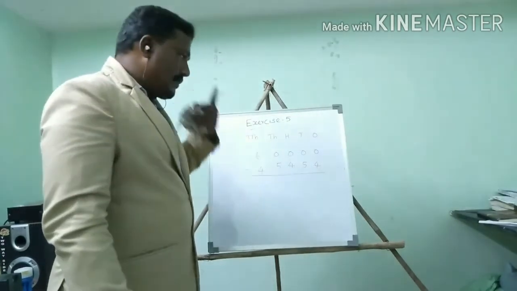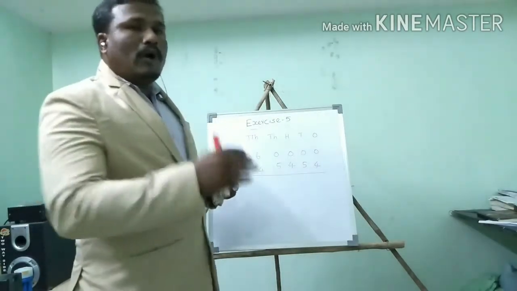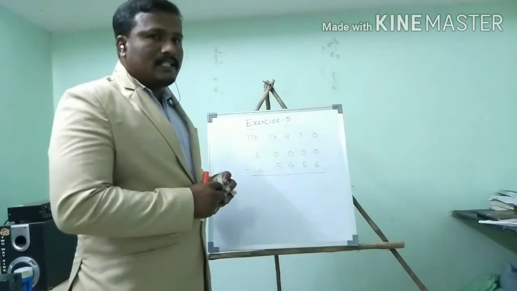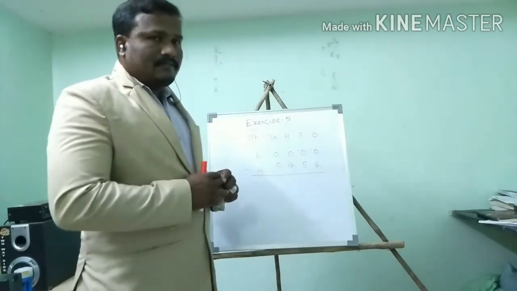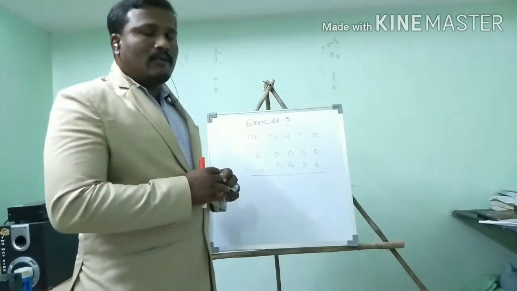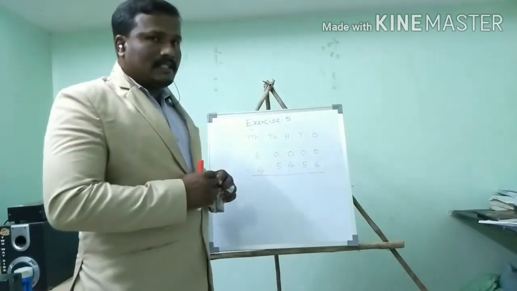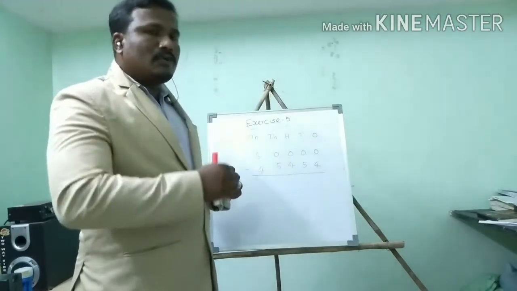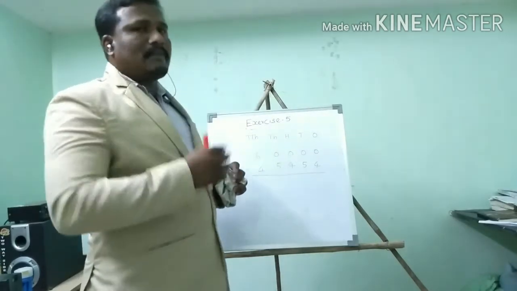Let me see an example. Suppose you want 100 rupees. If you ask your friend and he doesn't have the amount, then what will you do? You will ask another friend. Then he also has no amount. What will you do? Then you go to another person.